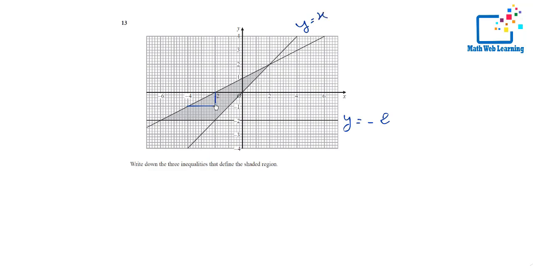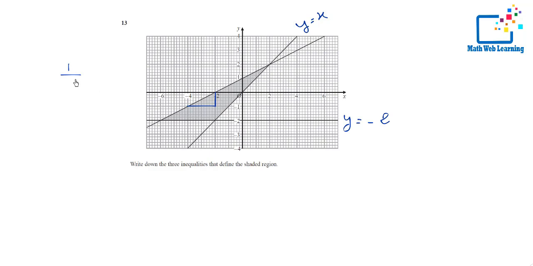And for this one I drew a right-angled triangle because I need to find the gradient. The change in y is, apologies, not 2, sorry, let me change that, it is 1, and the change in x is 2.